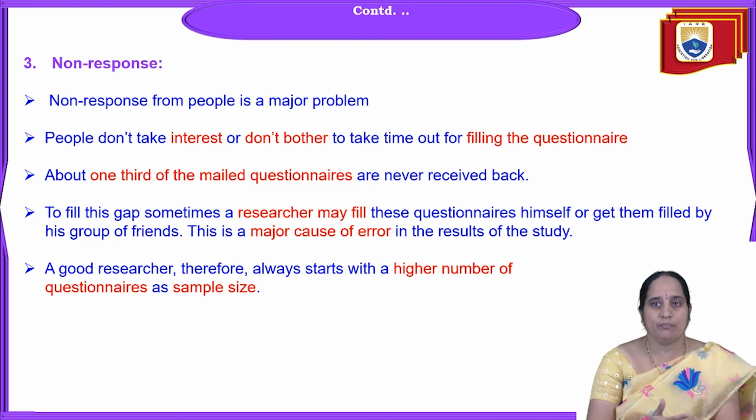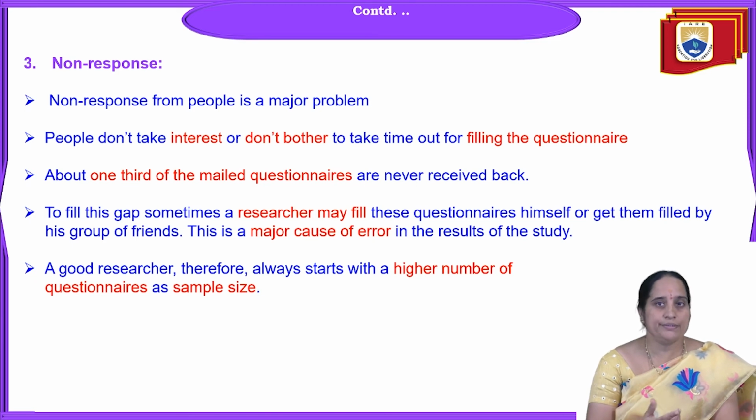You send them but you never get them back filled by the respondents. To fill this gap, sometimes a researcher may fill these questionnaires himself or get them filled by a group of friends. This is another major cause of error in the results of the study. When I fill my questionnaire, I'll fill those questions as per my choice, whatever type of answers I need, accordingly I will fill.